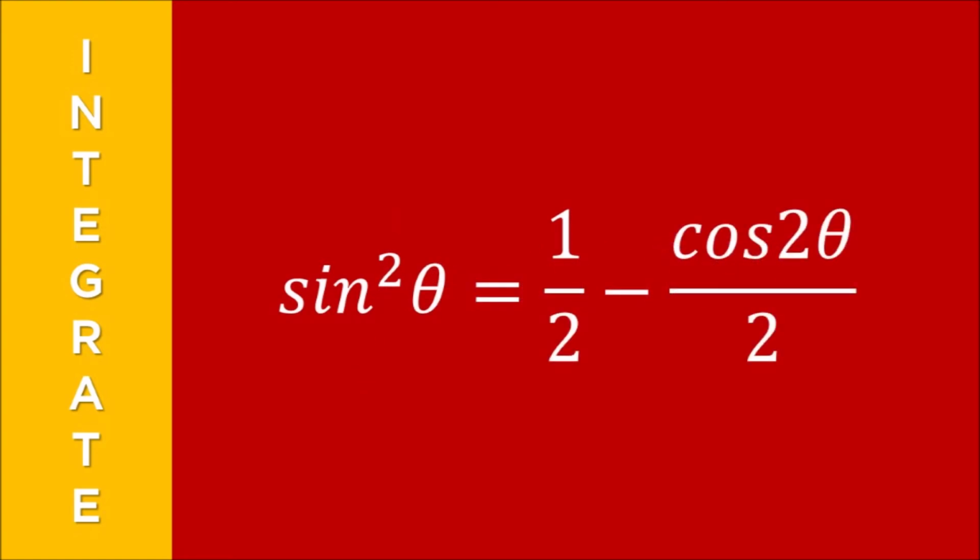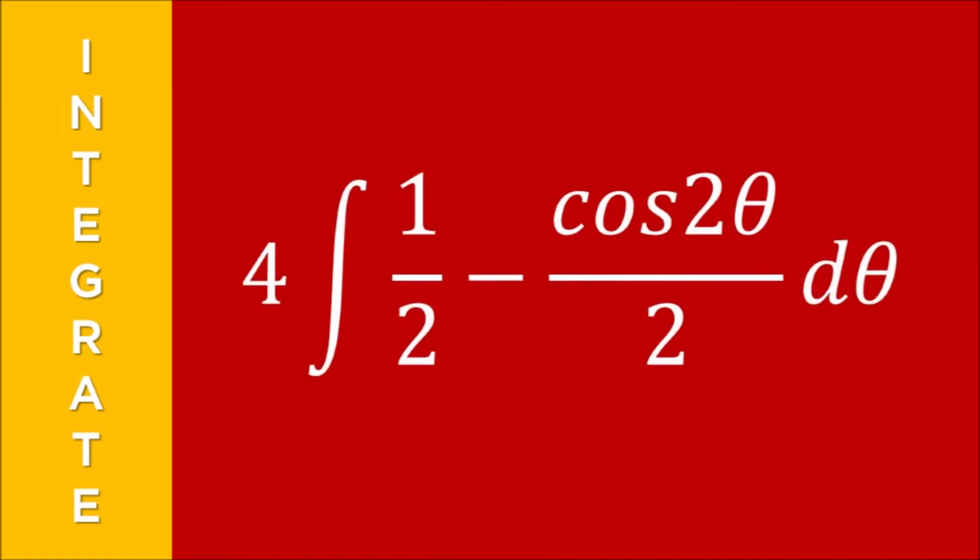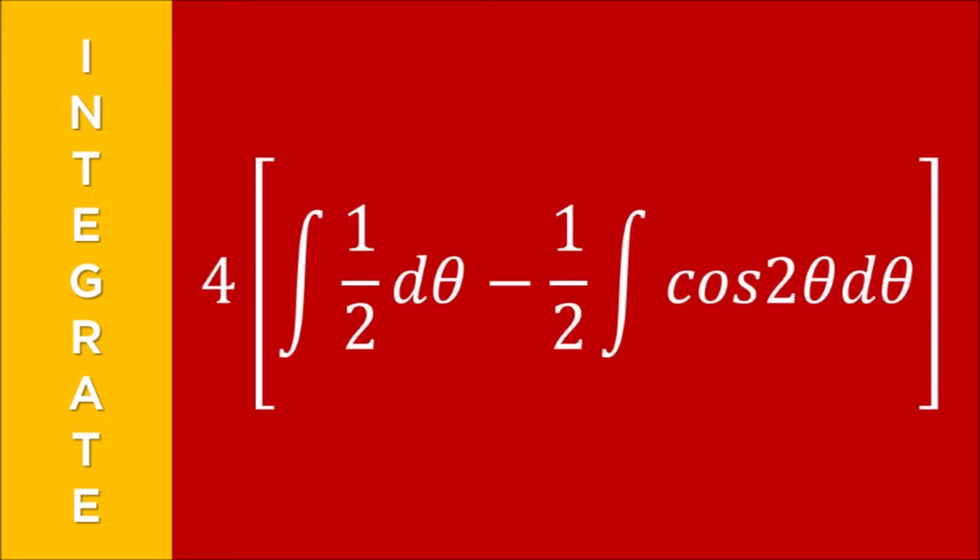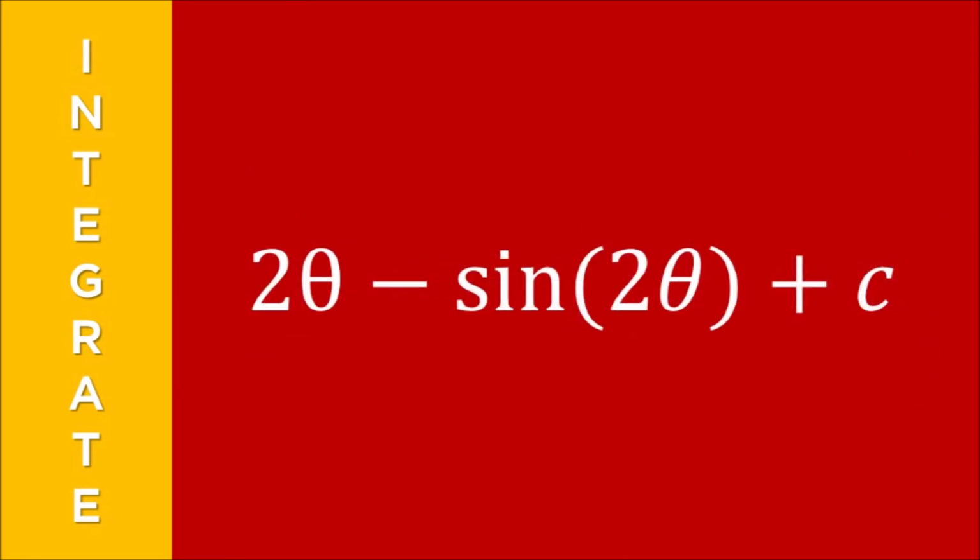Let us recall another trigonometric identity: sine squared theta equals 1 minus cosine 2 theta all over 2. Then, you can evaluate the integral. So you will get 2 theta minus sine 2 theta plus c.